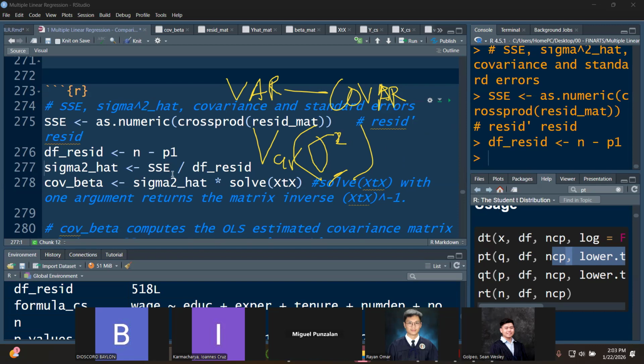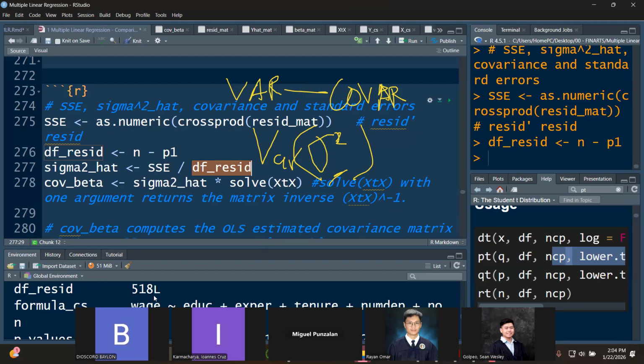All right, so how do we do this, class? We divide the SSE by the degree of freedom. Take note, class, your degree of freedom is this one, 518, class. 526 minus k minus 1, that's minus 8.